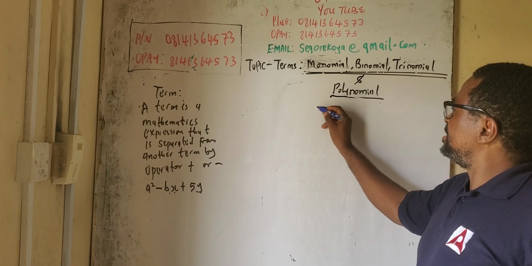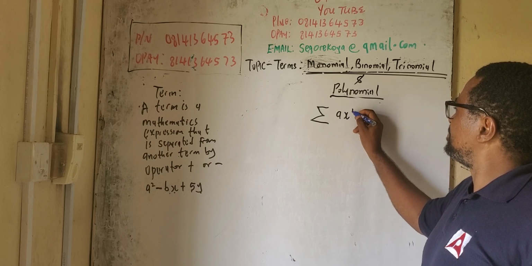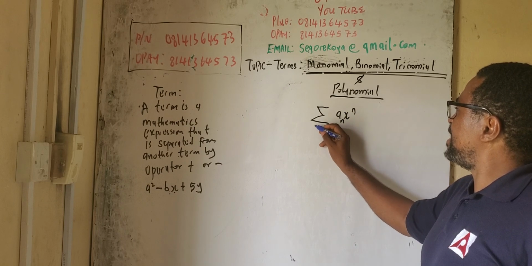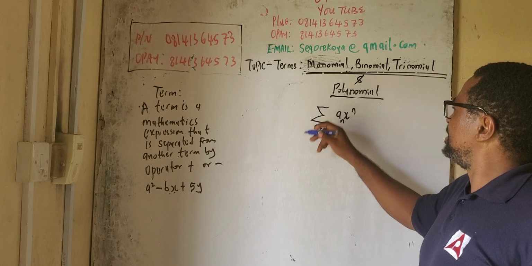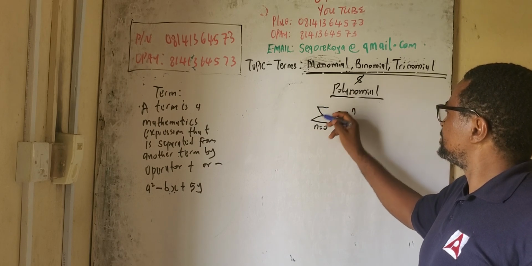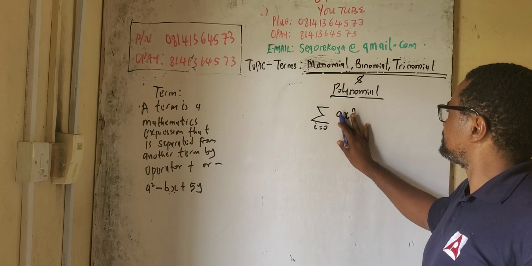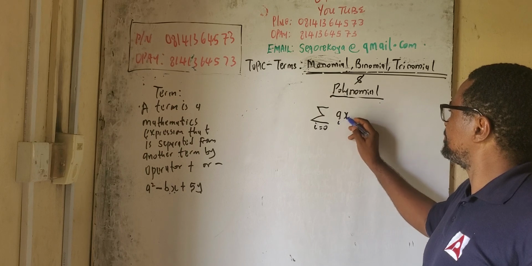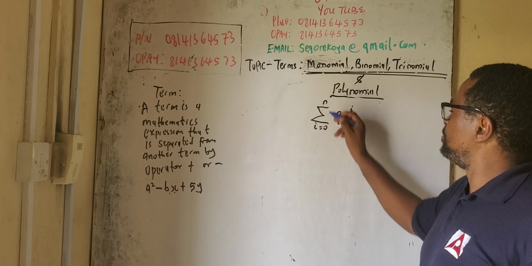Let me write it in a shorthand form. I have a x raised to power n, where n goes from 0 up to, let's say, this counter. Let me call it counter i. Counter i is equal to 0 to n.